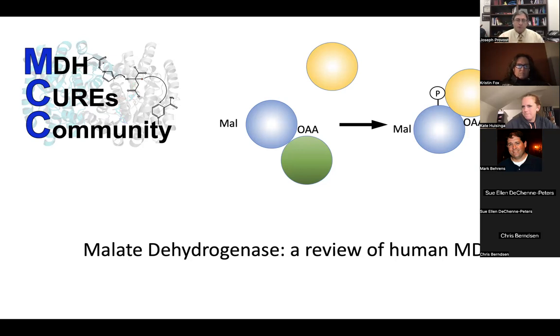This talk is really to talk about what's going on with human MDH, the differences between mitochondrial and cytosolic, understanding some of the regulation. I'm a cell physiology biochemist kind of person, so I take kind of a disease orientation to everything here, and you're going to get quite a bit of that.